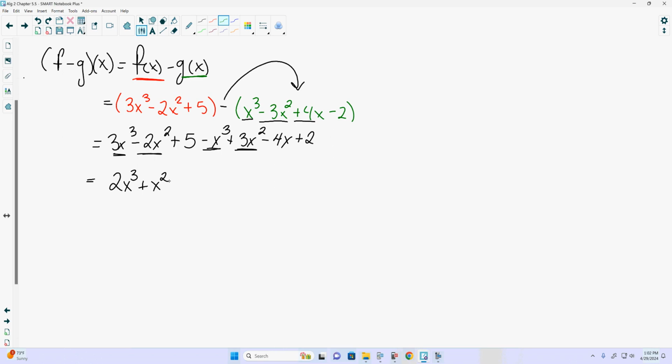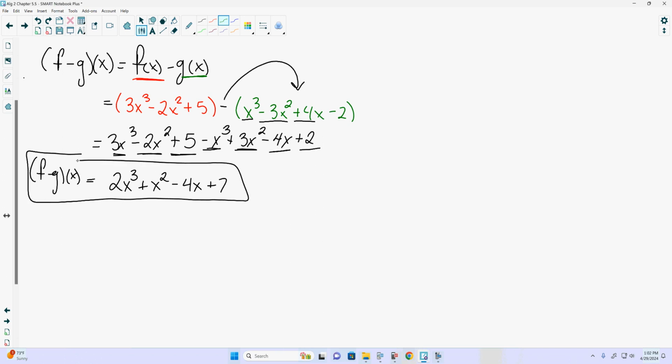Our term after x squared would be x, or x to the first. Well, the first one doesn't have one, but the second one does have a negative 4x. So that would just be negative 4x. And lastly, 5 plus 2 is plus 7. So f minus g of x is 2x cubed plus x squared minus 4x plus 7. Questions on this here? You kind of like those so far?